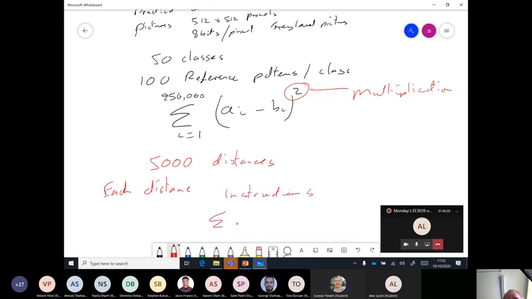So for the summation, it is going to be 256,000 instructions.